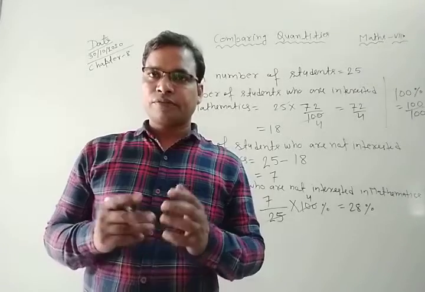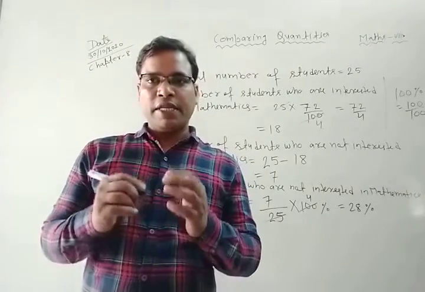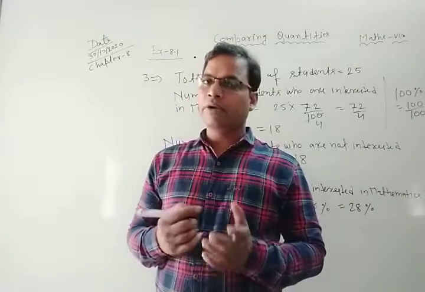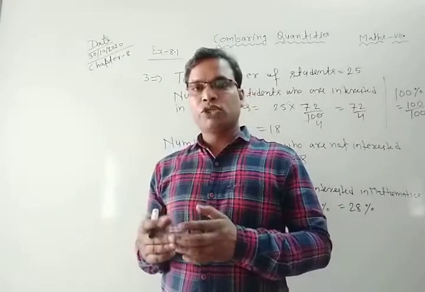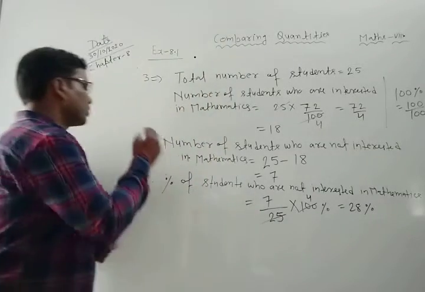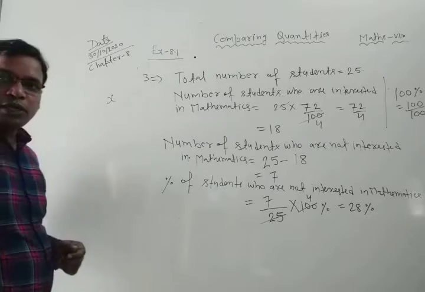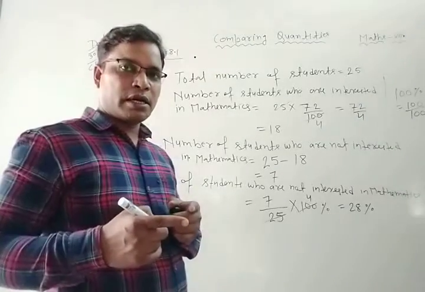For this, how can you find it? Let the total number of matches they played be x, or any variable. So 40% of x is equal to 10. They won 10 matches, which is equal to 40% of all matches.